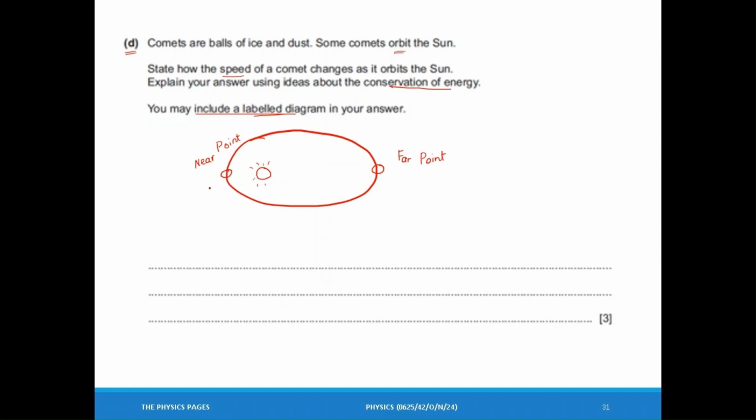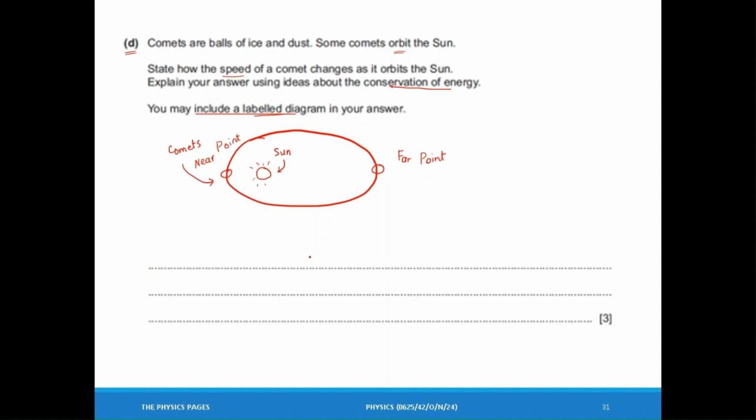The Sun is situated at the focus of the ellipse. This is the comet's near point, and the other one is the far point.